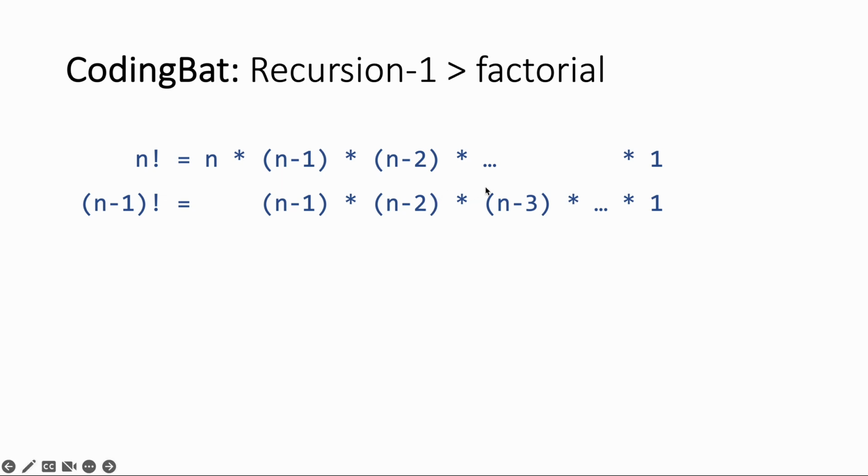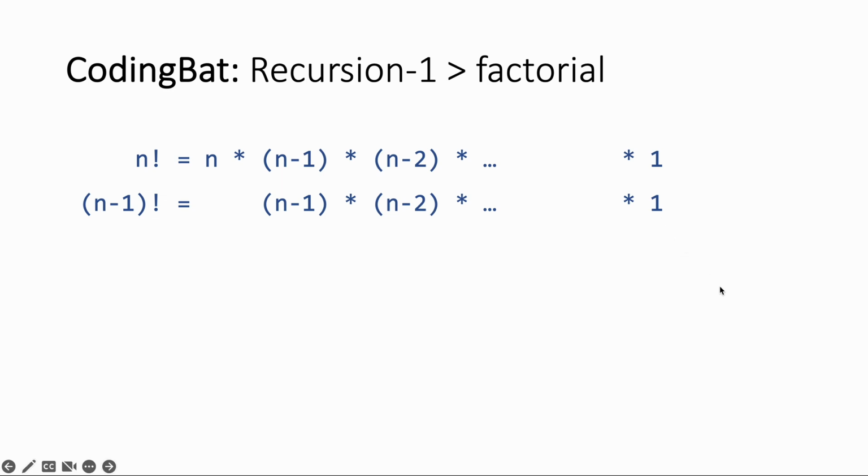One thing I also want to point out, if I look at this area here that is so similar, I can see a couple dots, and here I can see n minus 3 times a couple dots. Since those dots really mean keep multiplying with smaller and smaller numbers, successively smaller numbers, until you reach 1, it doesn't really matter whether I add one more or less. So we can also include this n minus 3 in those dots, which means keep successively subtracting 1 until you reach eventually 1.